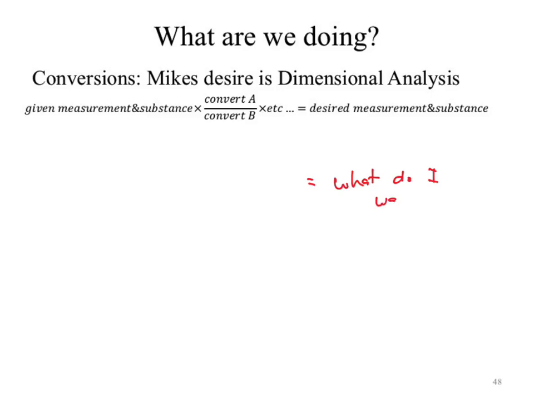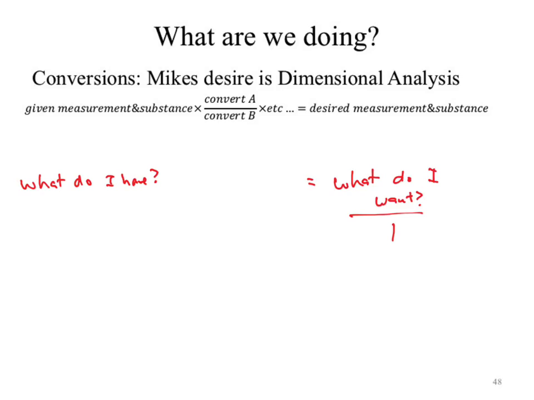What do I want? And then we start with, what do I have? The what do I want is placed immediately. Whatever it is, it's placed in the numerator or denominator depending on what you're being asked for. Typically it is being placed in the numerator, so over 1.